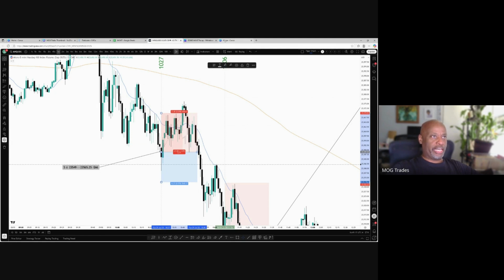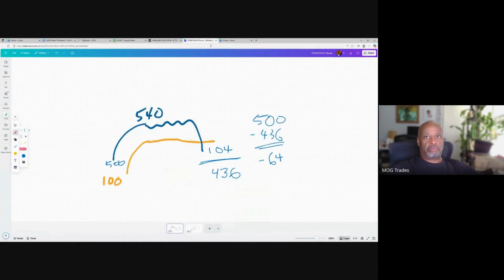So in this account, I set up some parameters to help protect my capital, and this Tradovate has a risk setting that is basically a trailing drawdown.